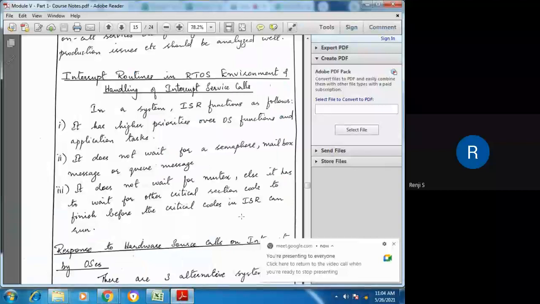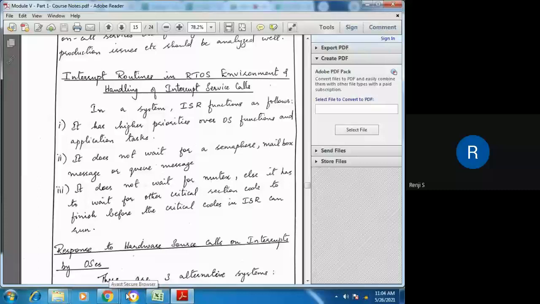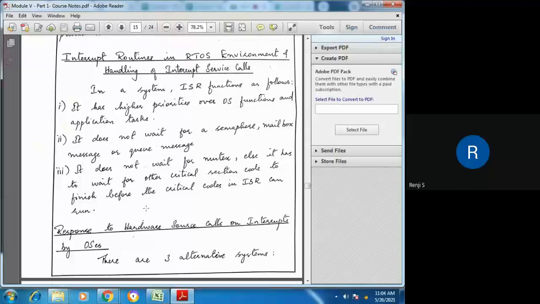Then the second point: it does not wait for semaphore, and also it does not wait for mutex or any critical section to complete. So these are the three main features of ISRs in RTOS.